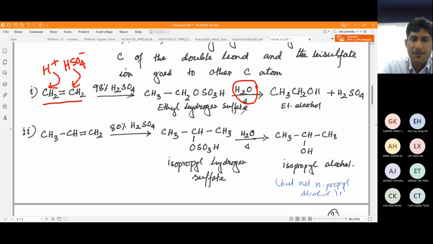So the interesting thing is, can you see that you add sulfuric acid and get exactly the same sulfuric acid back, but in the transition the alkene becomes alcohol. This is very interesting and very useful for the production of alcohol. That's why the production of sulfuric acid is very important.